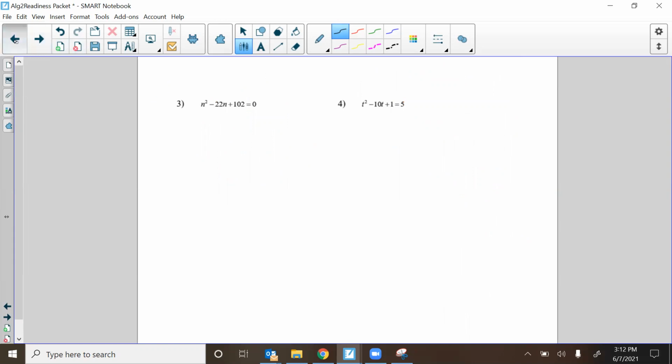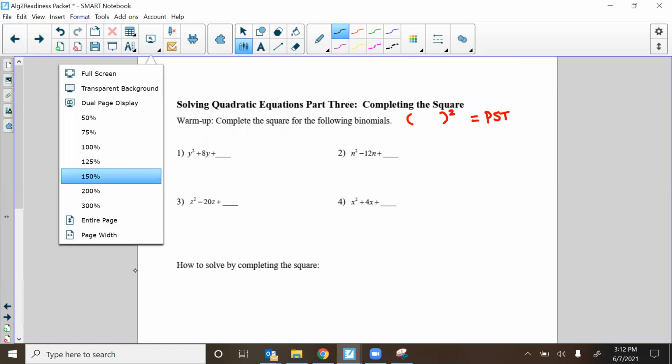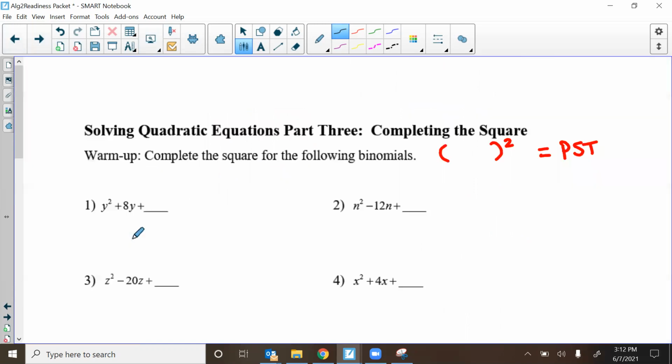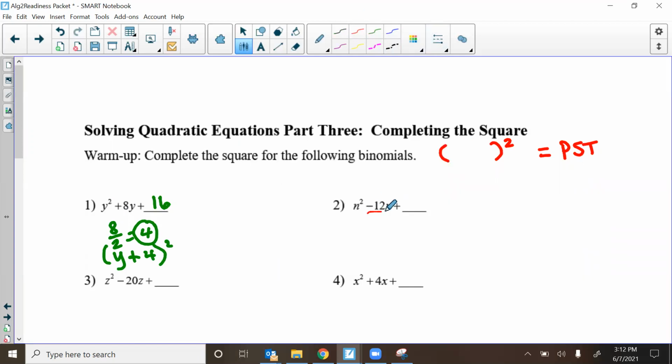So we can look at our notes and we can see that, first of all, the number we need right here would be a positive 8 divided by 2, a 4, not quite a 4, it would be a 4 squared, so that's a 16. And that would turn into y, because it's a y variable, plus 4 quantity squared. Here we have a negative 12.